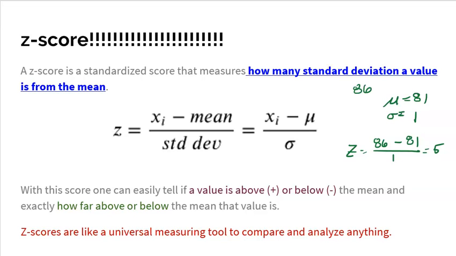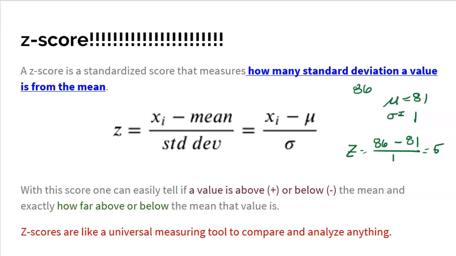Now, z-scores have no units. The units on a z-score literally are standard deviations from the mean. Now, you don't have to write that out. You just say the z-score is 5, but you need to know what that 5 represents. Now, the cool thing, in my opinion, the best thing about a z-score is it's like a universal measuring tool. We can compare and analyze anything in terms of a z-score.